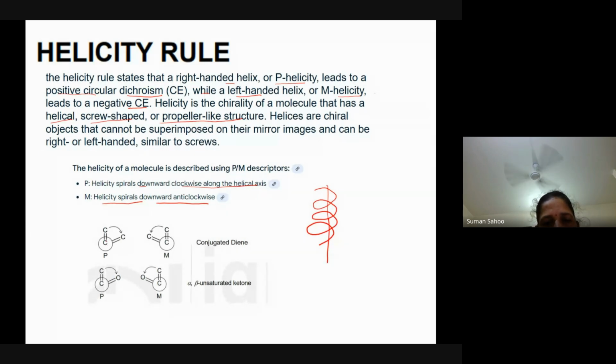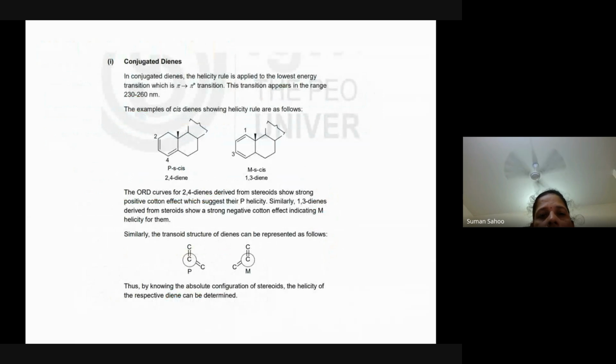If you see this carbon double bond, they are in a clockwise manner, so this is named P, and in this case this carbon is on this side, in an anti-clockwise manner, so that is named M. Similarly, this one is P, this one is M, an alpha-beta unsaturated ketone, and this is a conjugated diene.